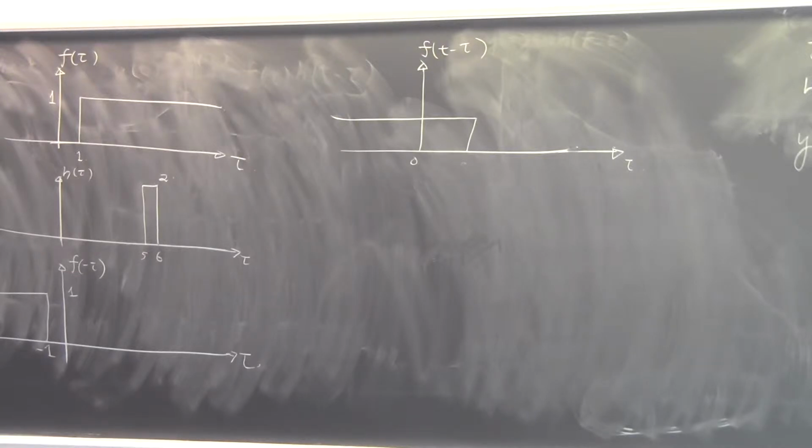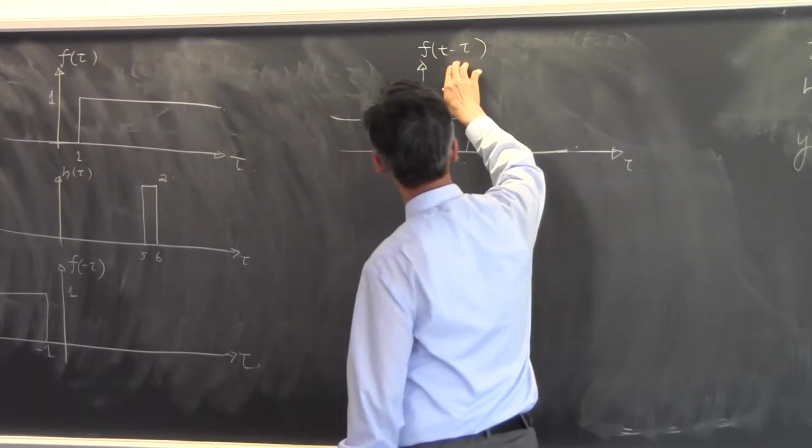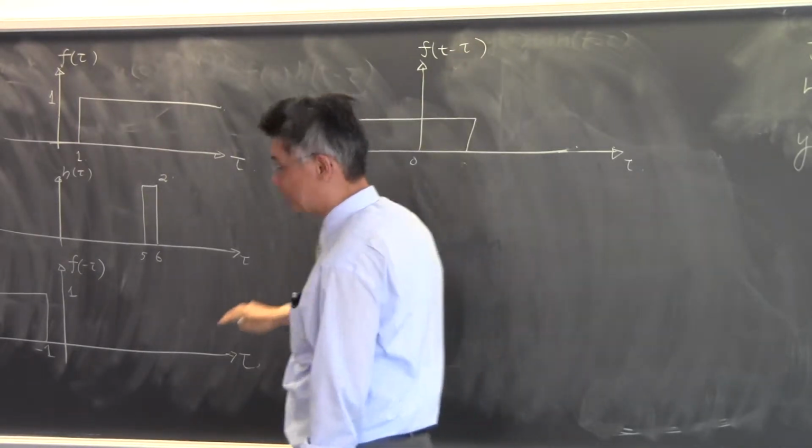Yes? T minus 1, you're looking at the textbook. No. No? So, this is the value of tau such that when you put in this value over here, you get minus 1.